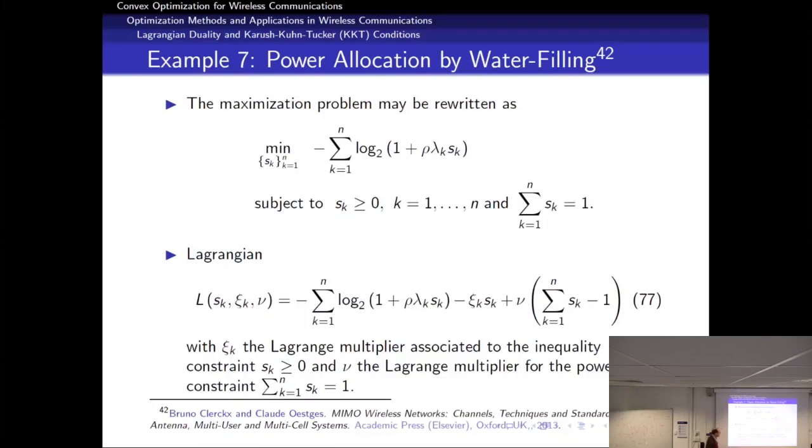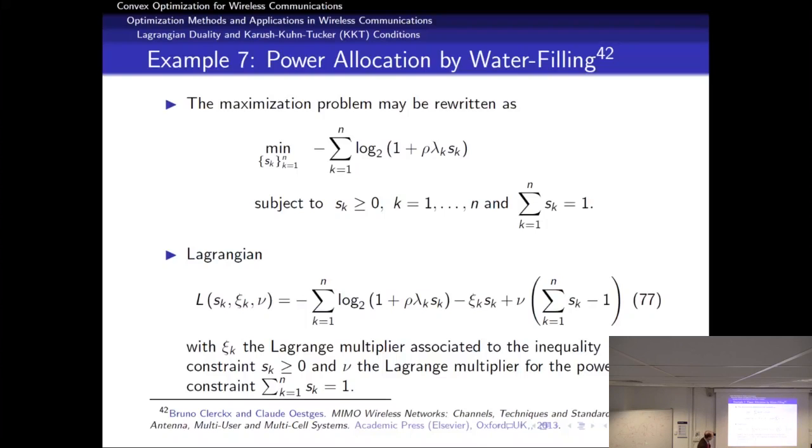subchannels, right? So we know the solution: you will allocate more power typically to the stronger channels, so sk will be larger if lambda k is large, and sk will be smaller if lambda k is smaller. And we know exactly how to do that, but the solution comes from just looking at the Lagrangian.